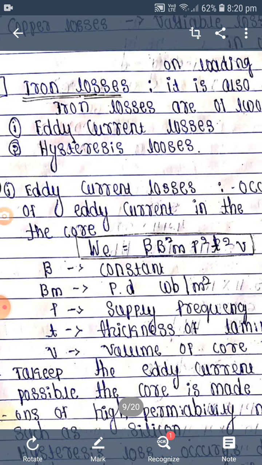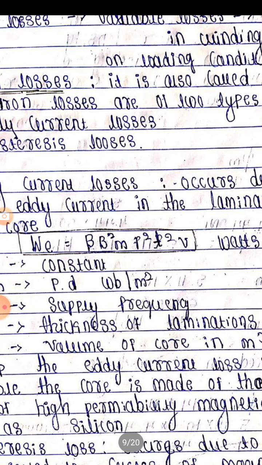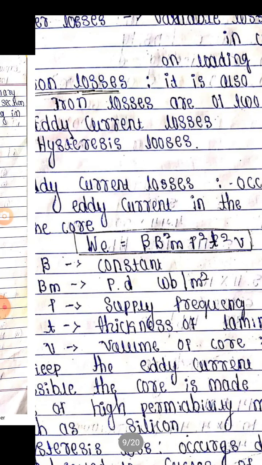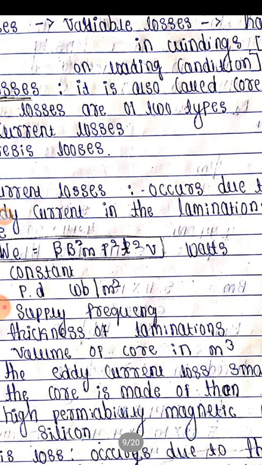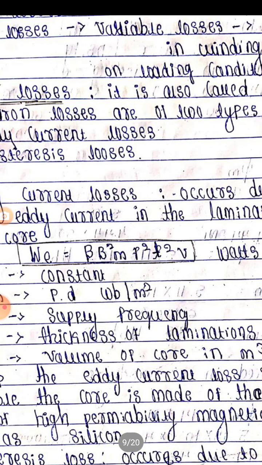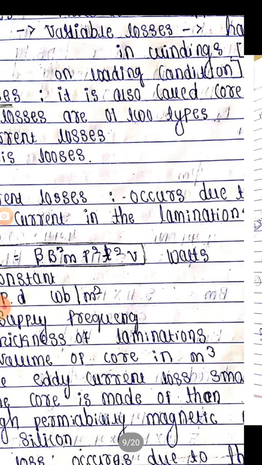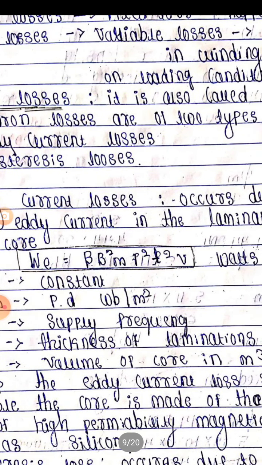To reduce the eddy current loss, we make the core from silicon steel with high relative permeability and make it into strips.